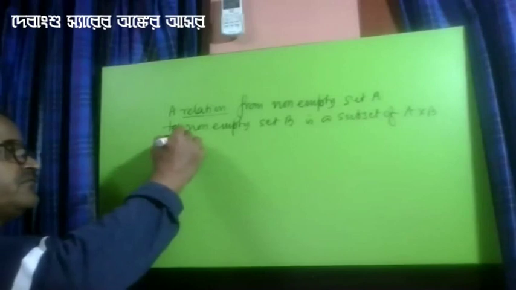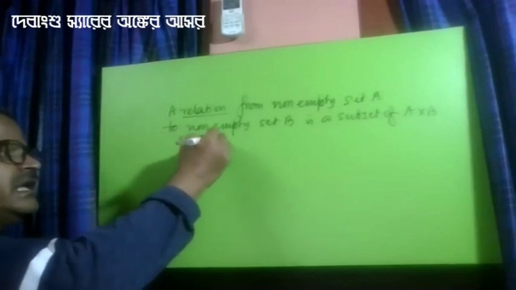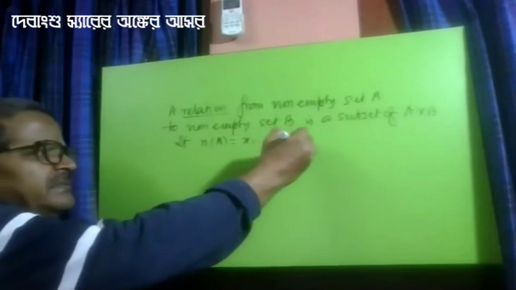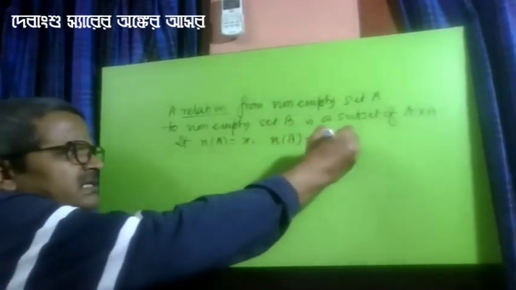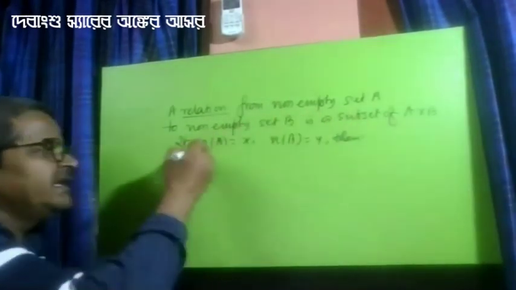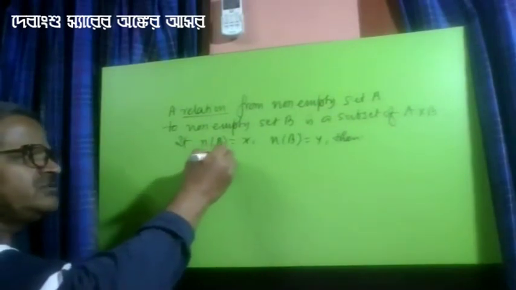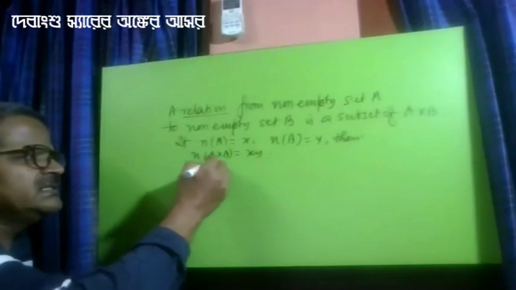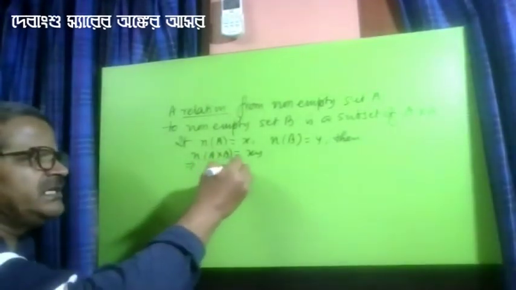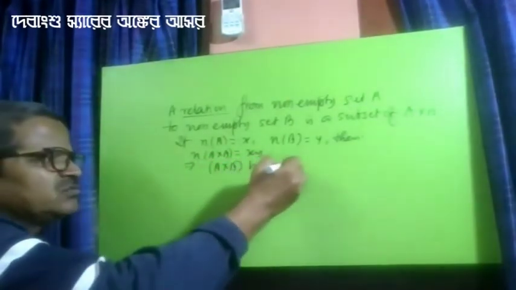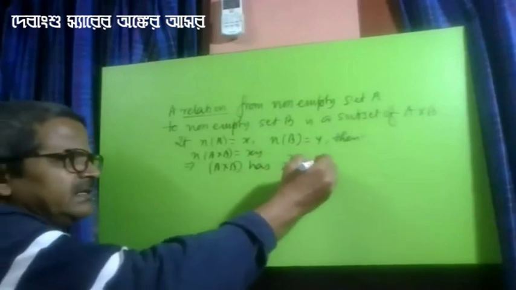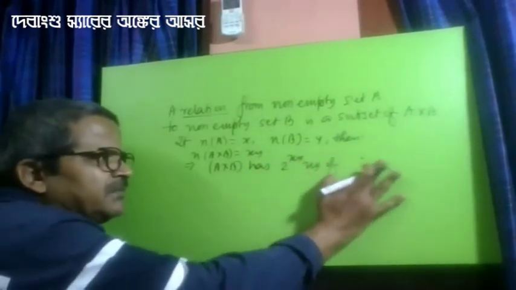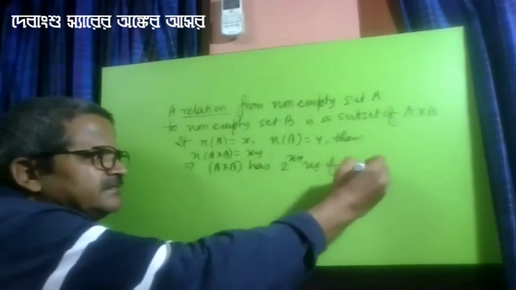Now see, if n(A) is equal to x, n(B) is equal to y, then n(A×B) is equal to xy, implies A×B has 2 to the power xy number of relations, number of subsets.